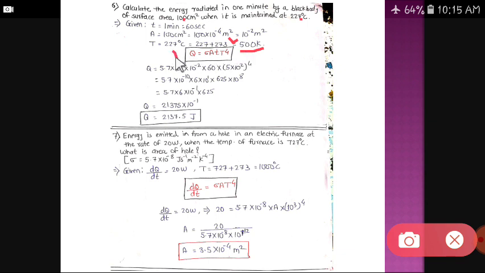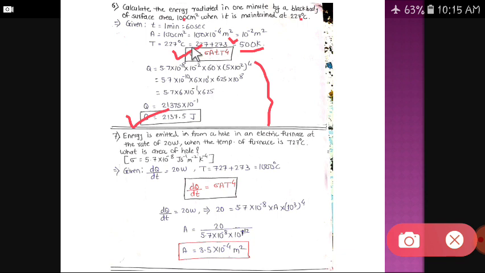Now, by using the formula of energy radiation, which is Q equals sigma A t T raised to 4, where sigma is a constant, A is area, t is time, and capital T is temperature, we substitute all the given values. This is a very simple numerical which can be asked for 2 marks, because you only have to write the formula and substitute, with no need to convert it into another formula.